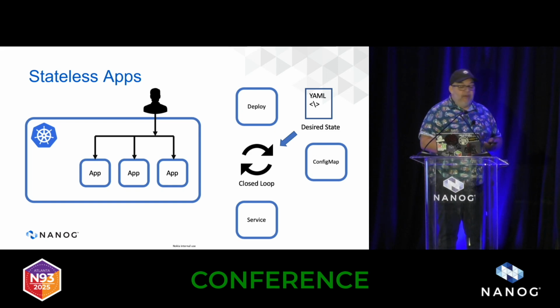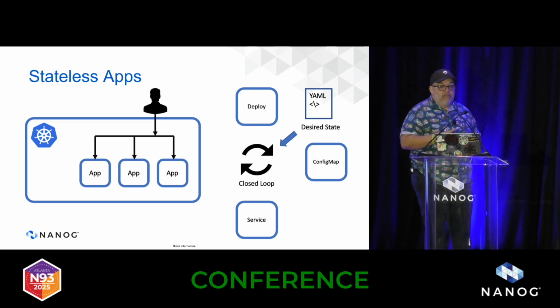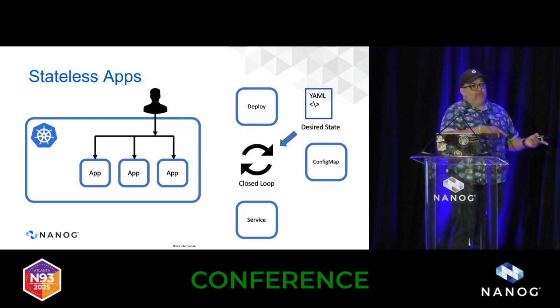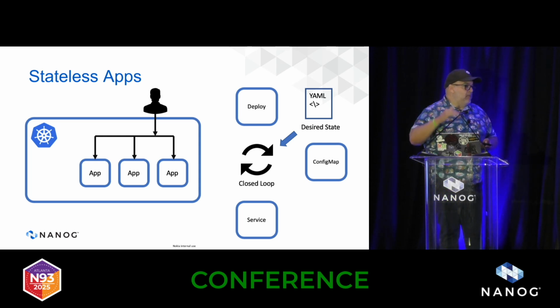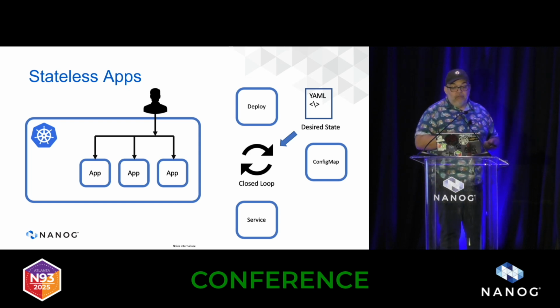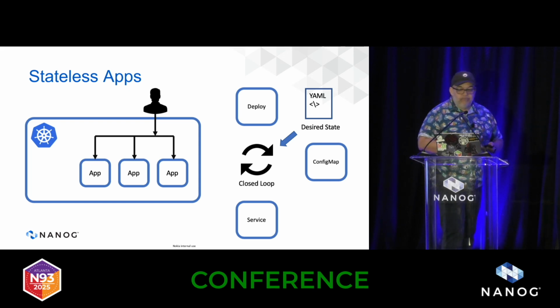You have your config map for storing those configurations, and also the services that you have to define in order to ensure the communication between the application instances. We will take a look at the services when we do the lab, because that's where we expose, for example for iPerf, the TCP ports that we're going to use for the different flows, etc. Everything is controlled by a closed loop that ensures that the system maintains the desired state all the time. Okay. Next.